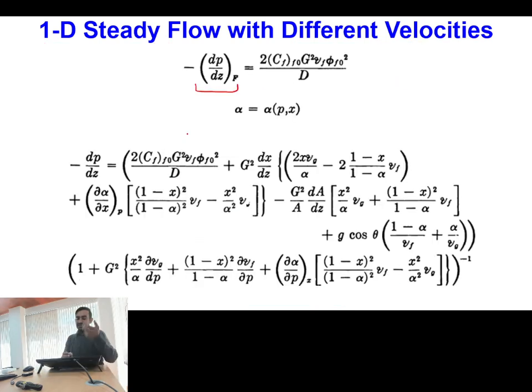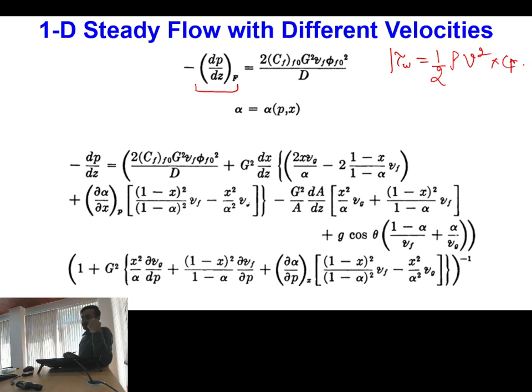We have seen earlier in the homogeneous flow model that the wall shear stress tau W can be written in terms of 1 by 2 rho V square into CF. Now the question comes: in the homogeneous flow model it was very easy to write this because we were considering the same velocities. Now how can we write it?